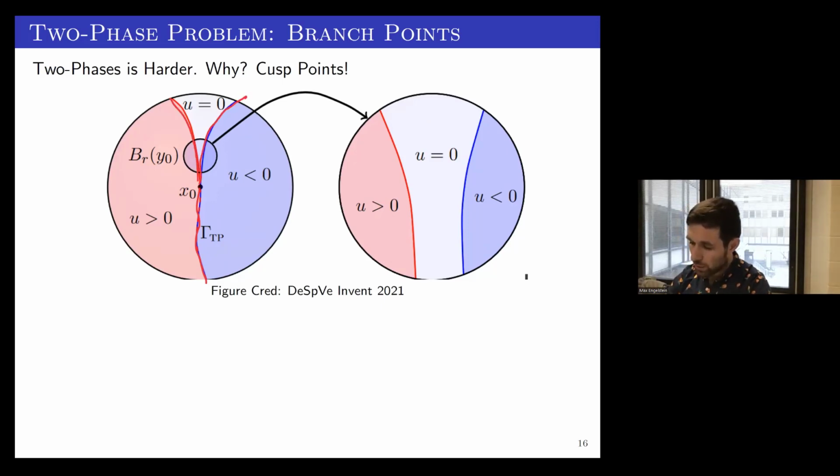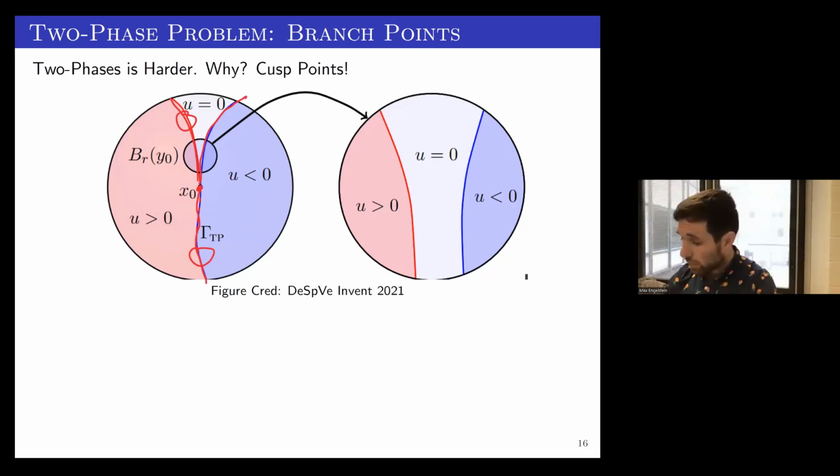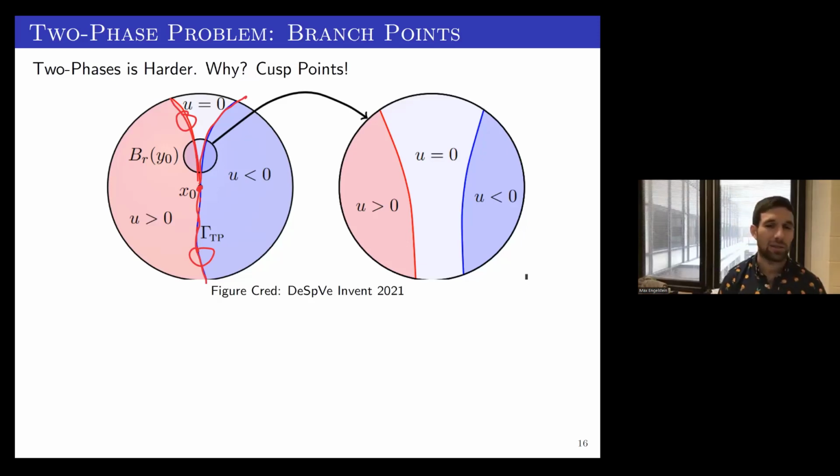And you understand what's going on here, where you have one-phase points, and you understand what's going on here when you only have two-phase points. But when the two types of free boundaries come together, something very complicated is happening. In particular, if you're centered at a point like this, at this scale, you could look like a two-phase point at a large scale, and then start looking like one-phase points when you zoom in. And this transition makes the analysis very difficult.